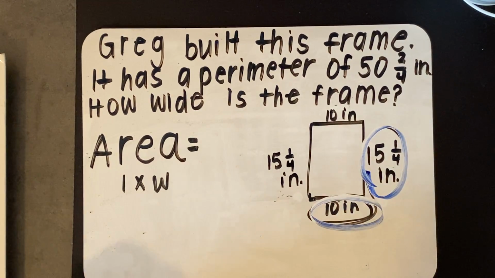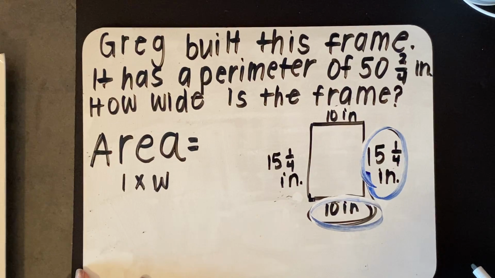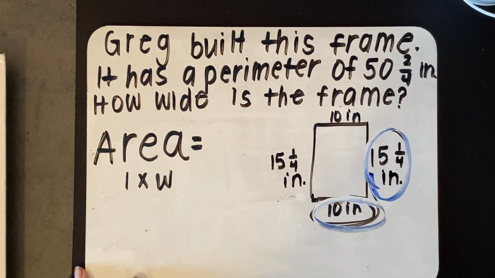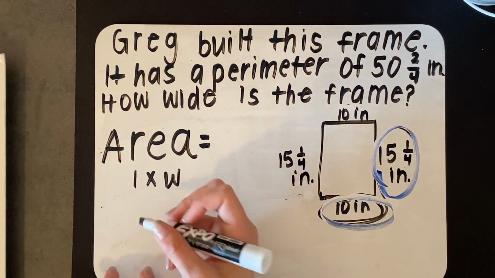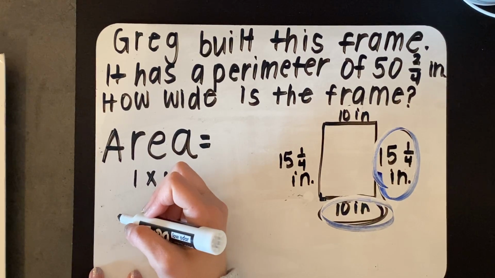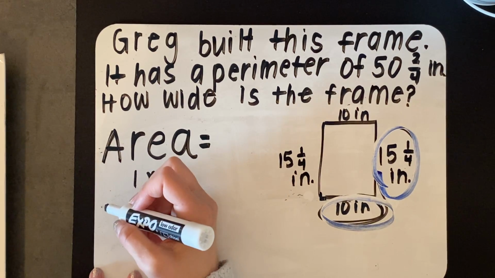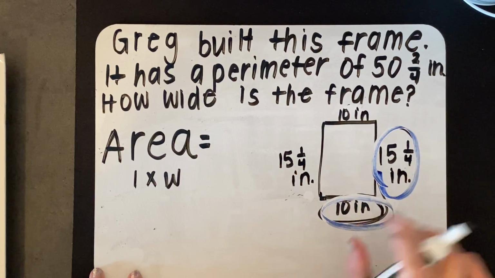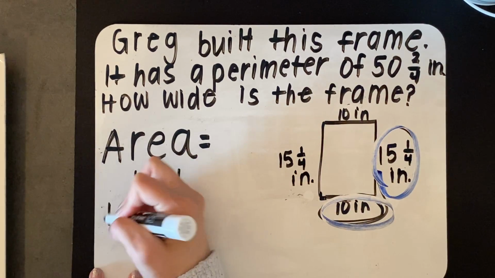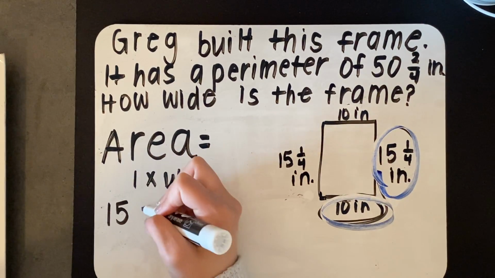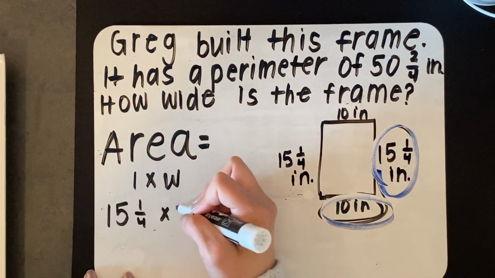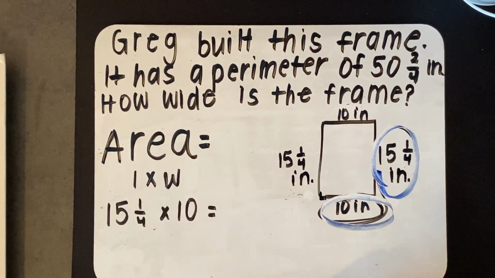So 15 1/4 times 10 inches. If we think back to when we learned how to multiply fractions, we're going to split this up so that we can look at it one piece at a time.